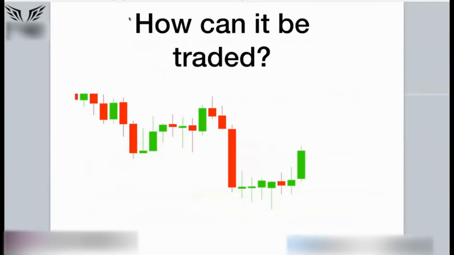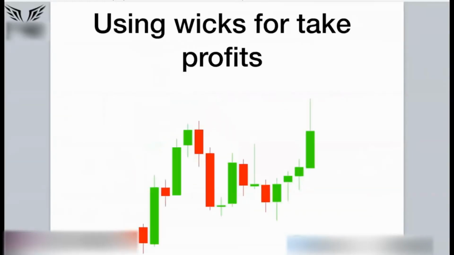Let me now show you the next example: using wicks for take profits. In this example, I want to show you, let's draw it here. Let's say price is trending up.